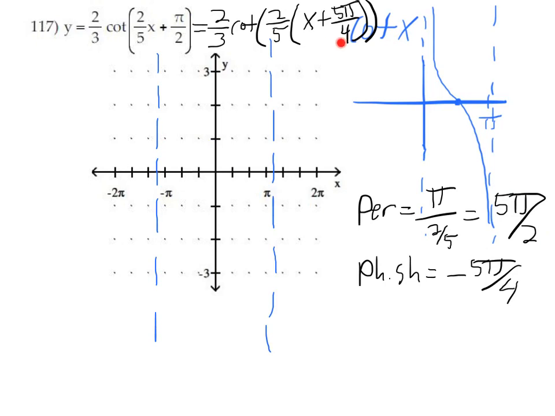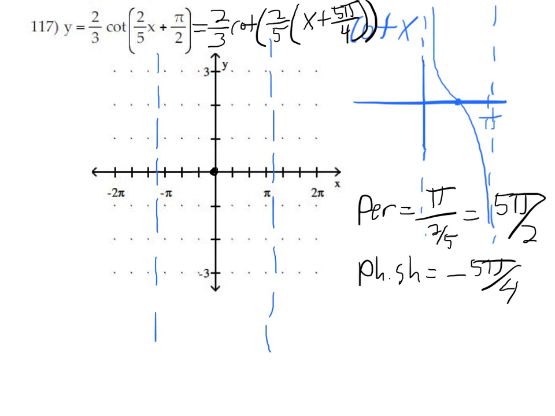So the phase shift is making this look more like a tangent, but it's a cotangent. Now cotangent in the middle is usually right here. You might have a plus 4, and this thing would be up 4. But since we don't have a plus or minus outside of here, it's still at 0. So in the middle of these two asymptotes, it's at 0.